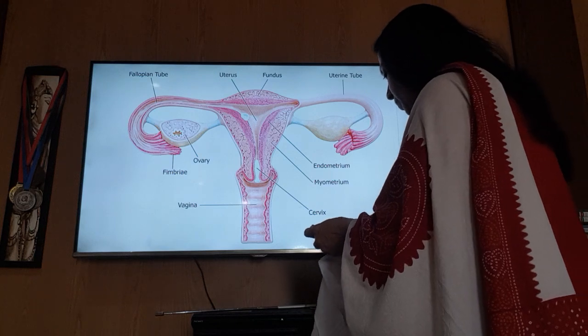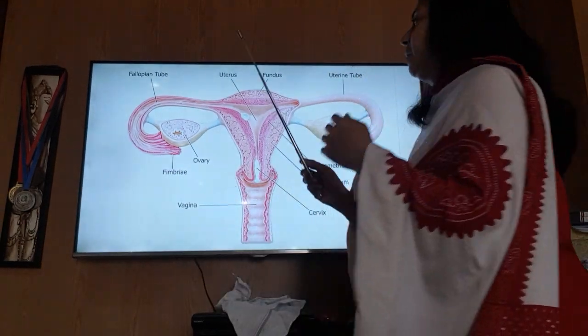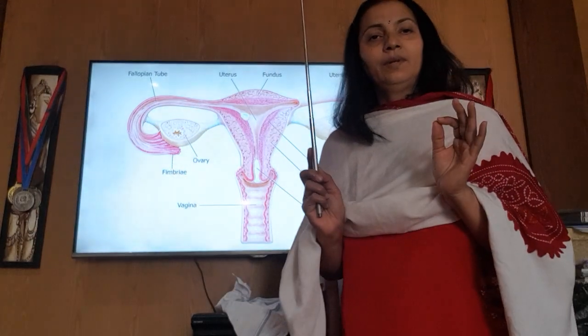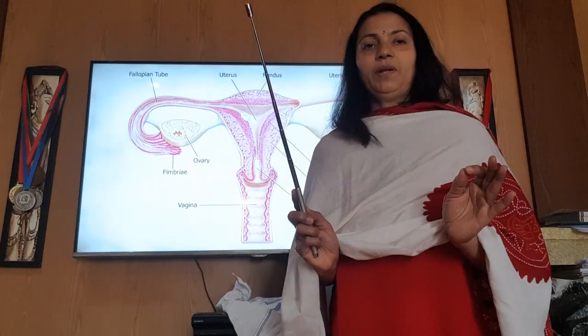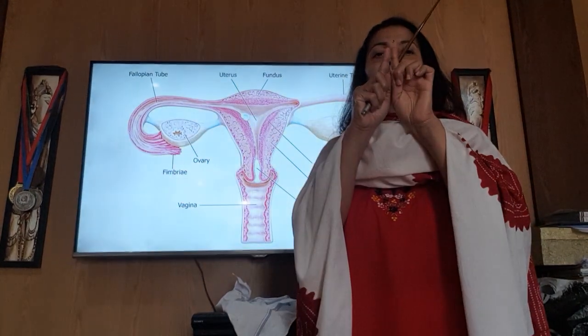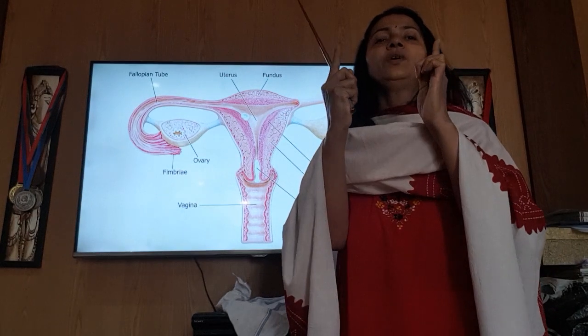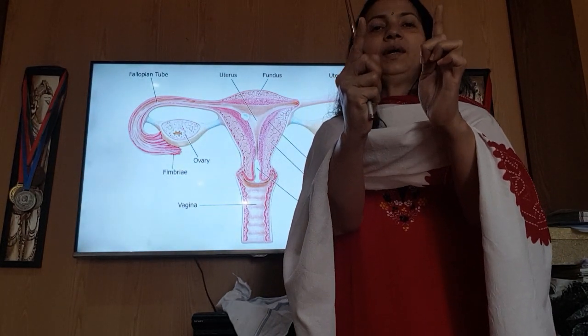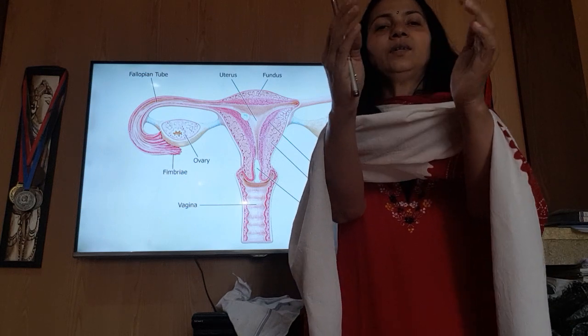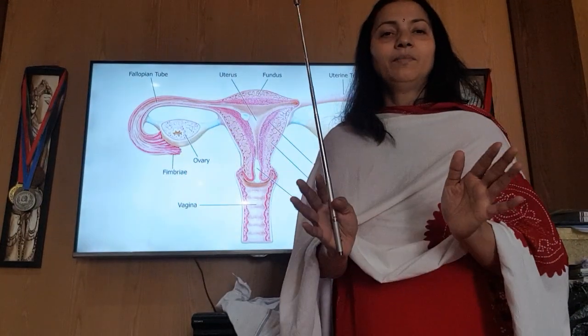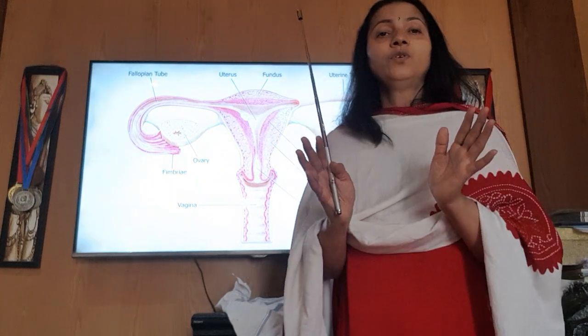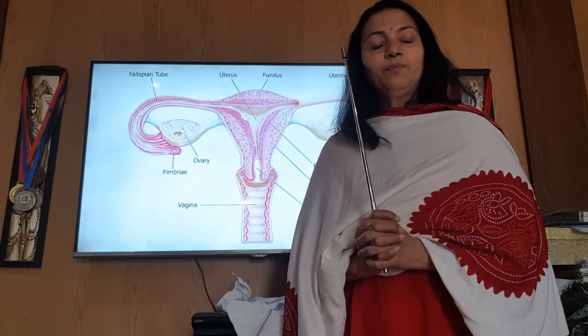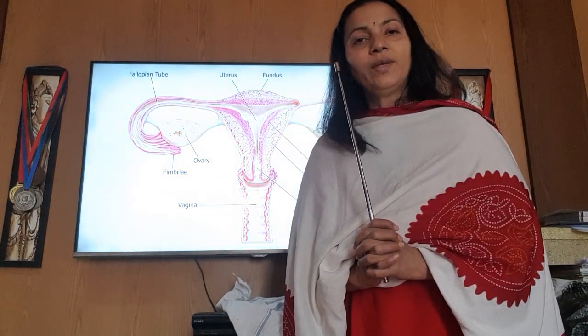So the anterior border is not covered by peritoneum. Instead, the peritoneum which is covering the ovary all around is reflected from the anterior surface, and it continues as the broad ligament of uterus. So that portion is called meso-ovarian.